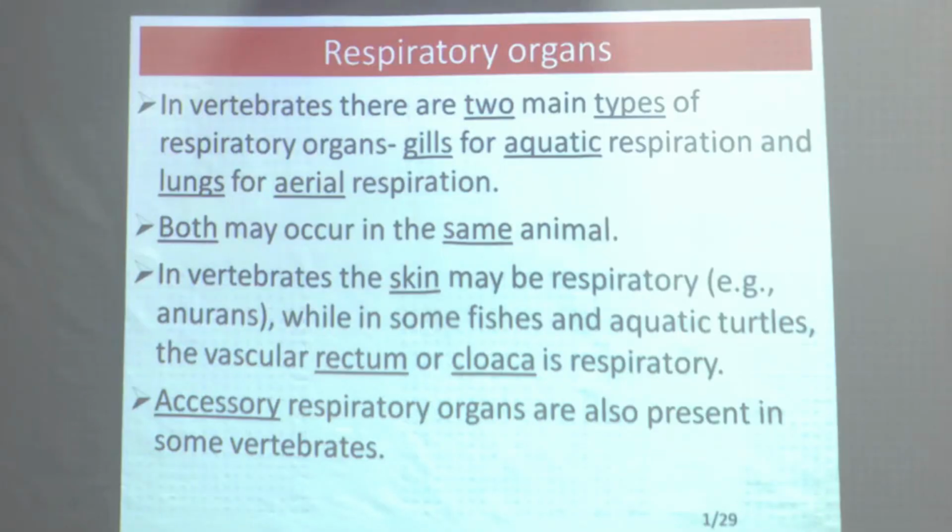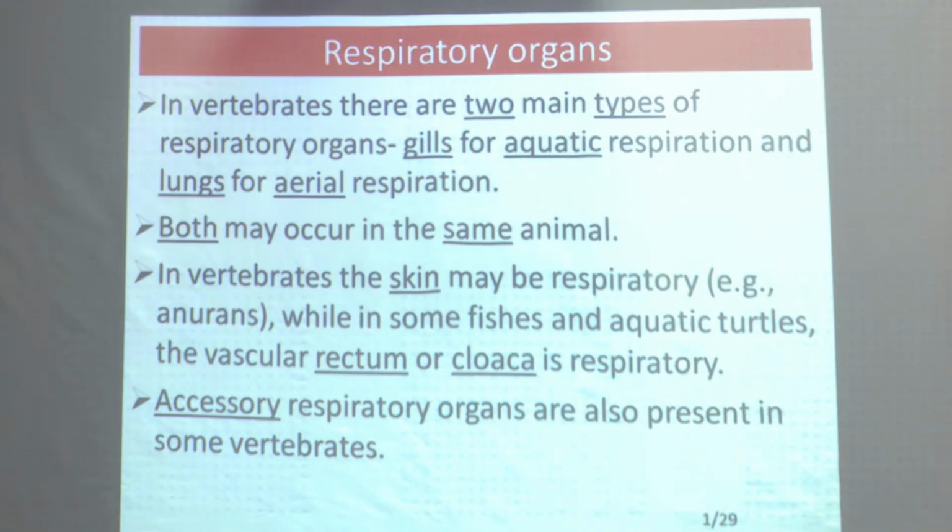Some animals are there where both systems work, that is gills are working and lungs are also working. And some vertebrates are there where the skin may be respiratory besides the gills and lungs. For example, the anurans, the frogs. Some fishes which are aquatic, or in case of aquatic turtles, the vascular rectum or cloaca is also respiratory.